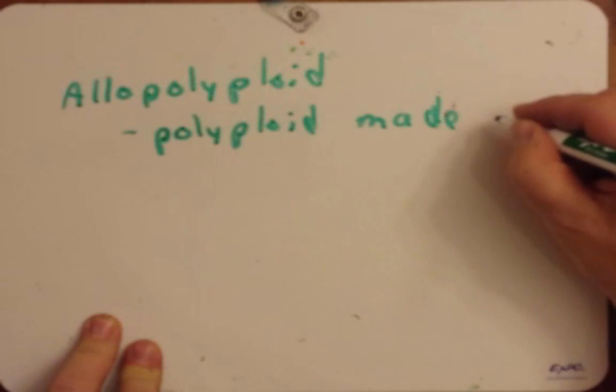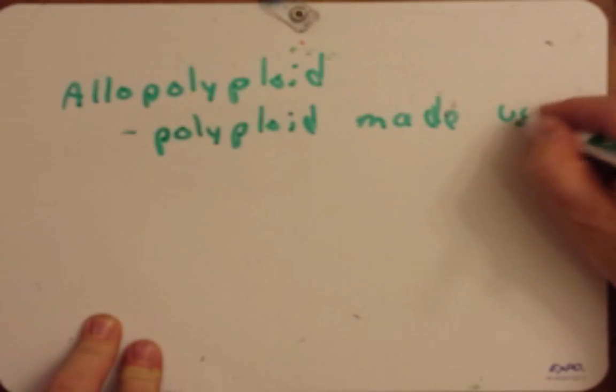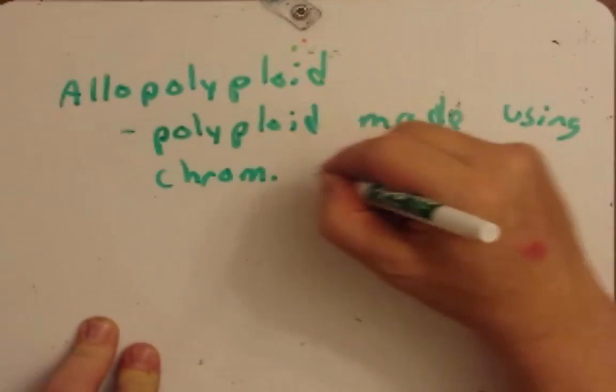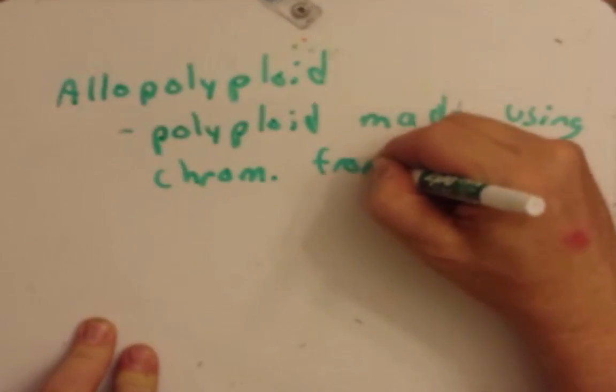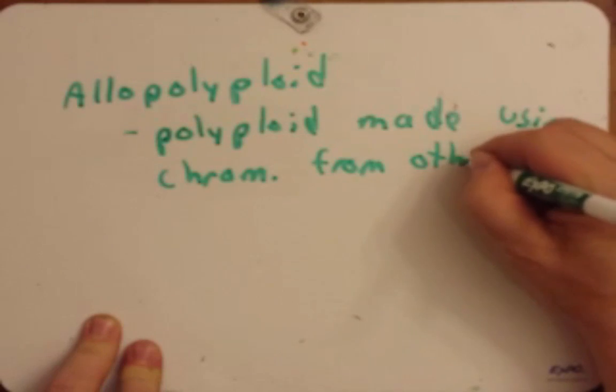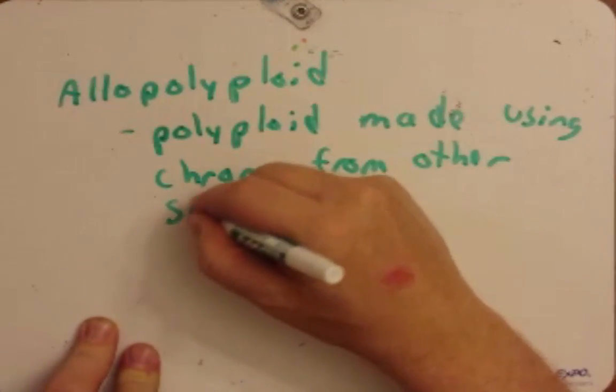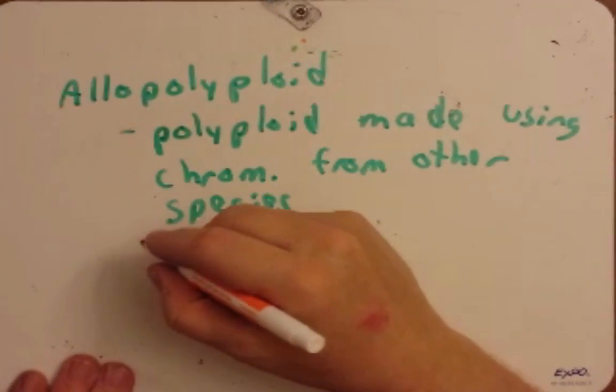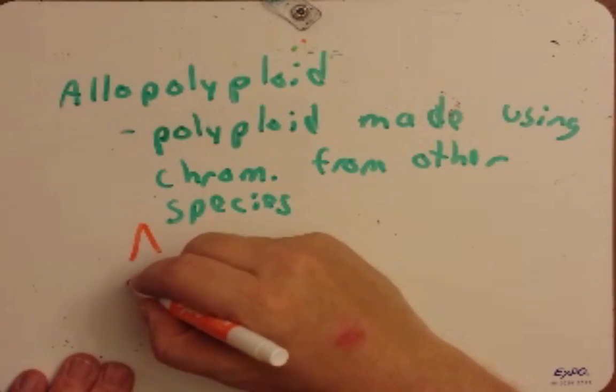Polyploid that's made using chromosomes from other species. And this could occur experimentally in a lab situation, or it could occur in nature. But essentially what's going to happen is that you're going to get 2 species that are closely related. So let's write that here too. Usually it's not 2 distantly related species. Usually they are closely related.